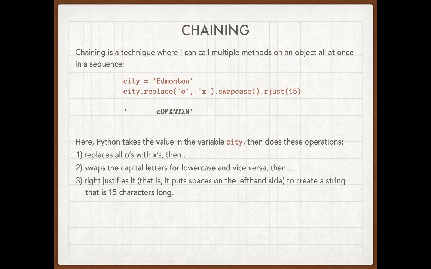There's a single quotation mark hanging a little bit over to the left there, and a bunch of spaces, and then you can see the result of Edmonton, which is just a ridiculous string now at this point. And again, just to repeat, the bucket called city has not changed, and that's because strings are immutable. So no matter what kinds of changes I go through, the bucket called city still contains the original string, unchanged.